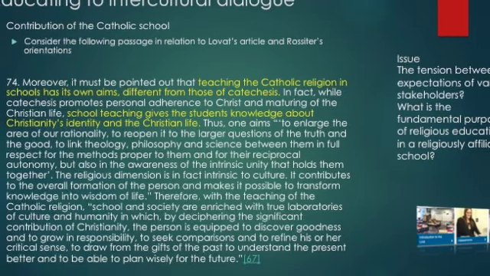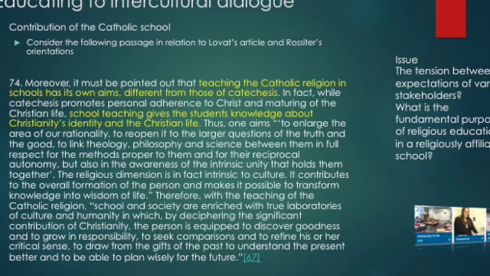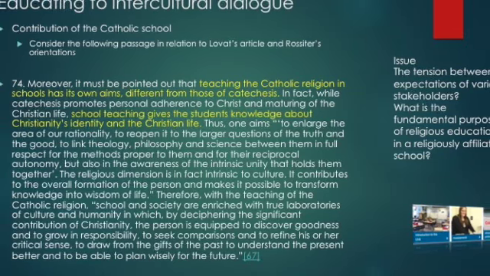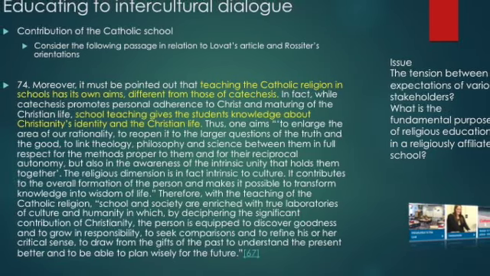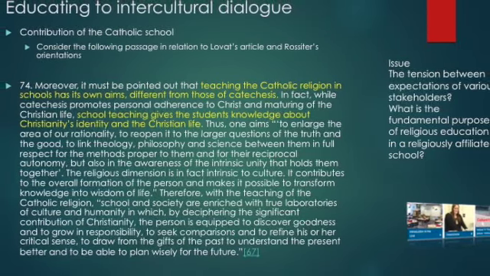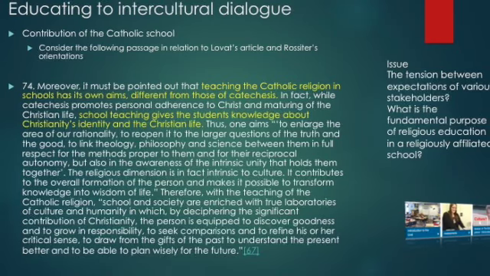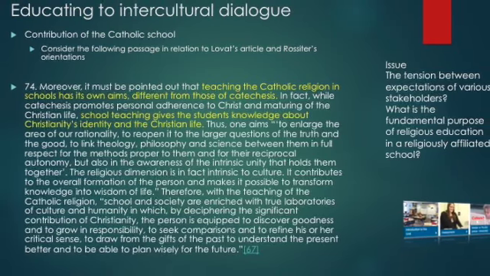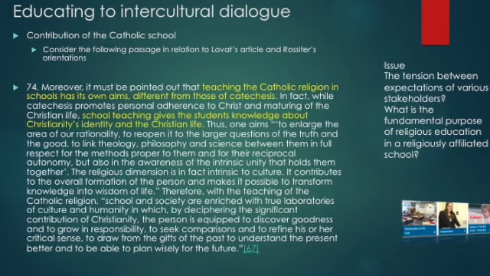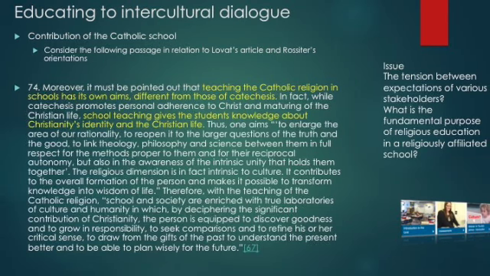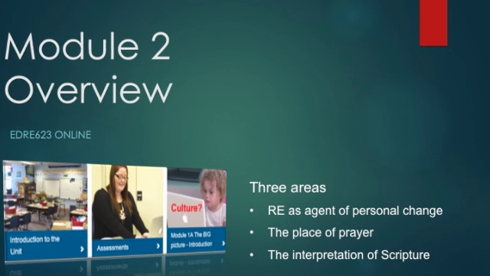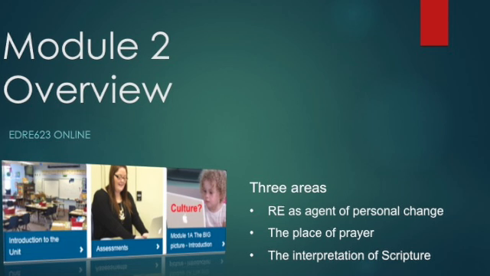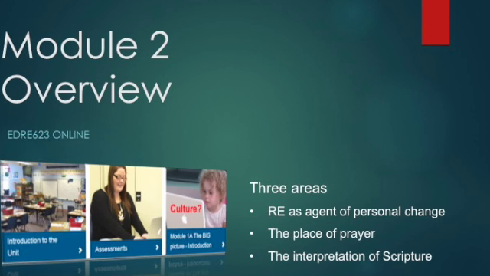In turn, this has implications for what Graham Rossiter calls subject orientations, and he went through over 20 ways in which our fundamental understanding of the nature and purpose of religious education is affected by and affects the approach that we take to religion in the school. So essentially that was the ground that we covered in tutorial 2, which leads us to module 2.